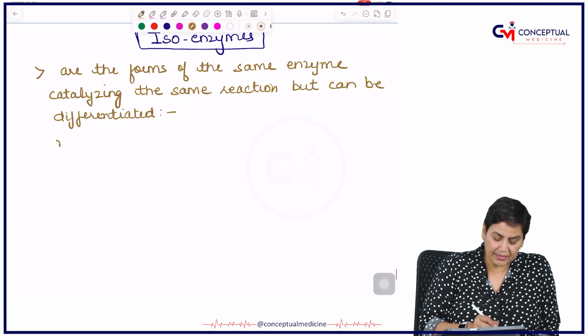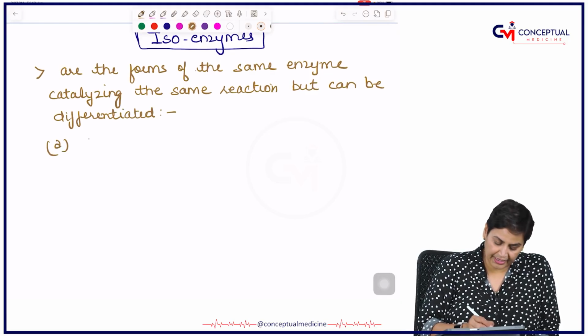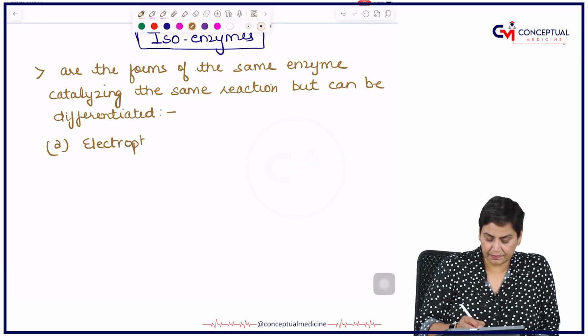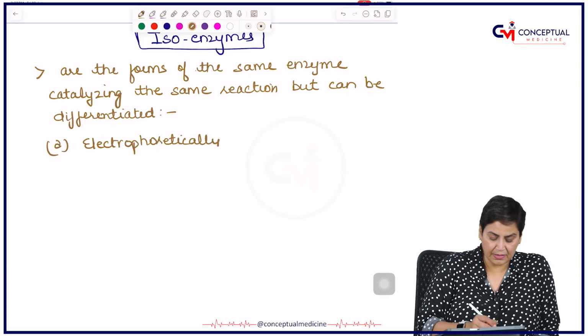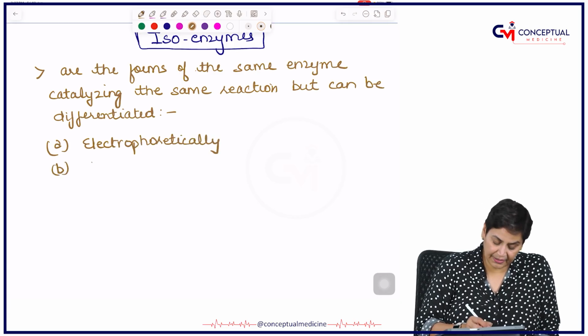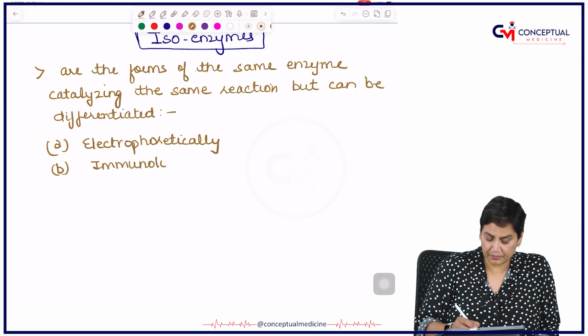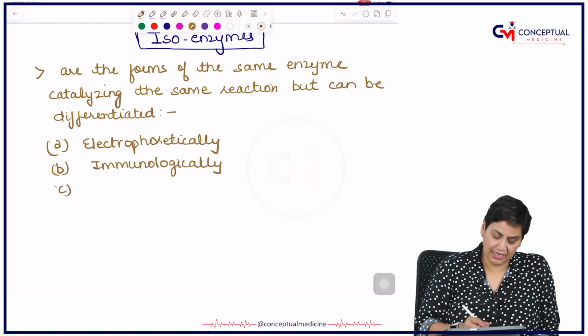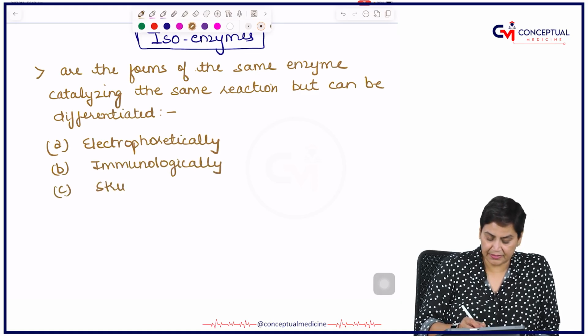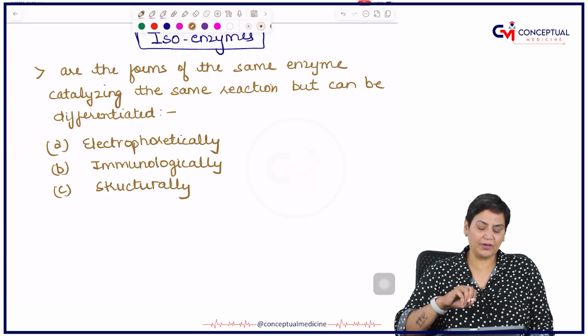One is electrophoretically, immunologically, and structurally differentiated. Means their structure will be different.